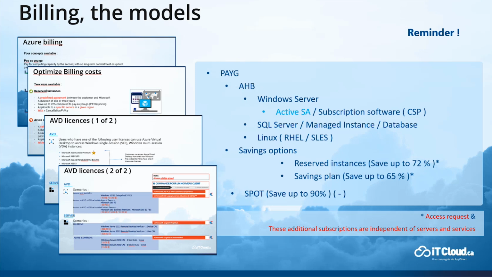Remember, in both cases, we are talking about a commitment between the customer and Microsoft, which means whatever happens to the subscription, for example if we cancel it, the commitment of the reserve instance and the saving plan remains. In the same way as the marketplace item, the customer engages another contract.